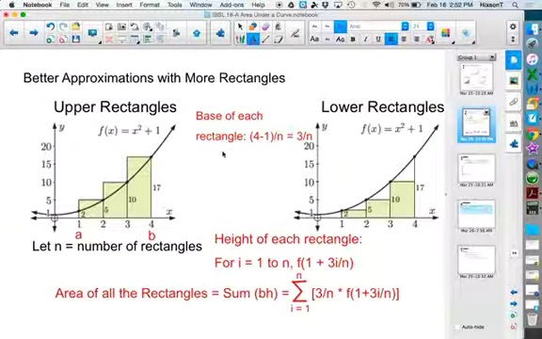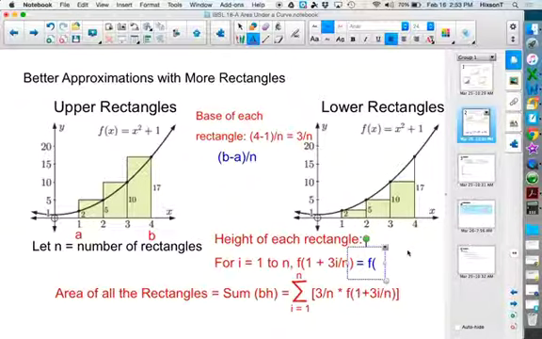So the base of each rectangle, instead of being 4 minus 1 over n, we could say it's b minus a over n, right? And what's b minus a over n? The base of each rectangle. It's going to be the base of each rectangle.